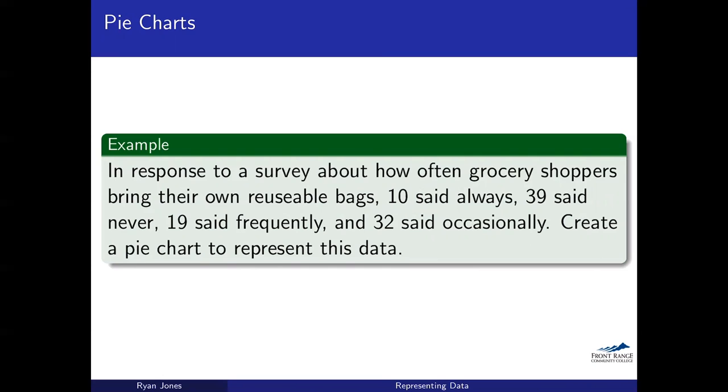If we take the 10 people that said always, plus 39 that said never, 19 that said frequently, and 32 that said occasionally, and add all these up, we get a nice even 100 people. I've done that just to make the numbers easy here. It's not always going to be that simple. In the general case, we'll have to actually divide them out.